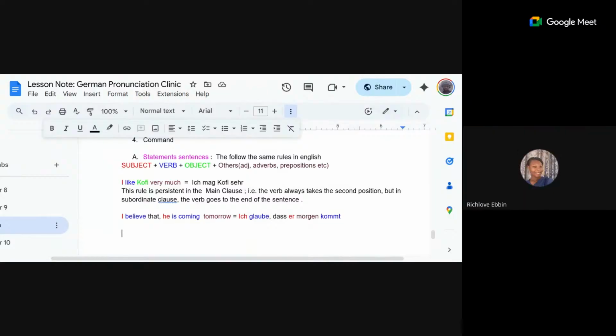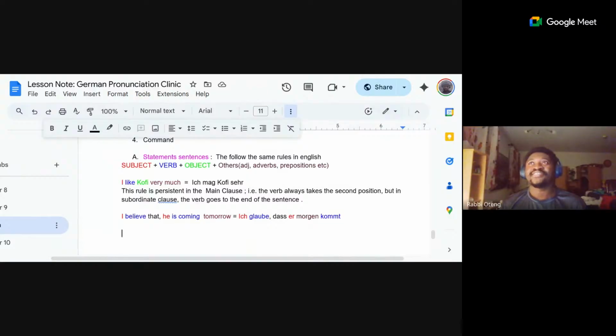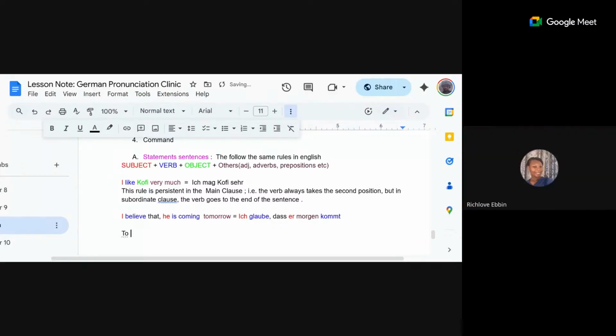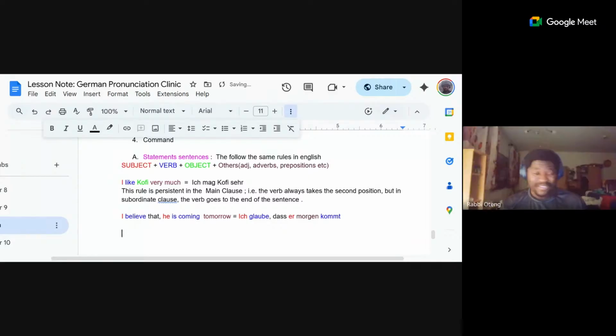But I need a sentence that contains an adverb or a direct object, a subject that contains everything. Do you want to use the conjunction 'that' or another conjunction? Any conjunction, so long as with that conjunction, you have to shift the verb to the end of the sentence.